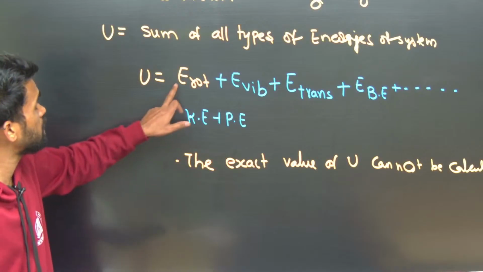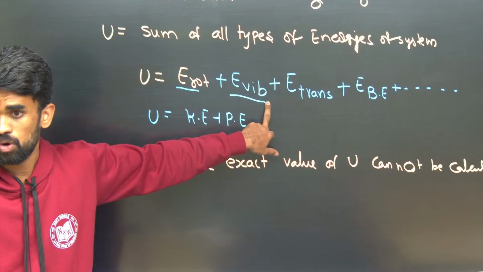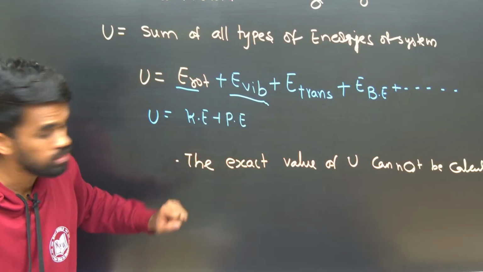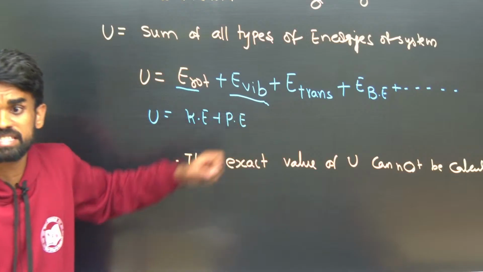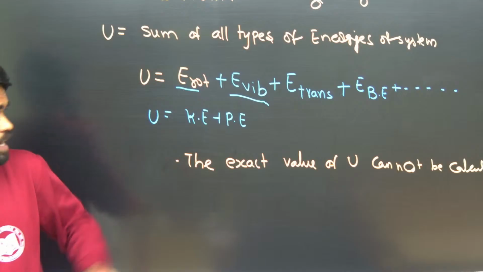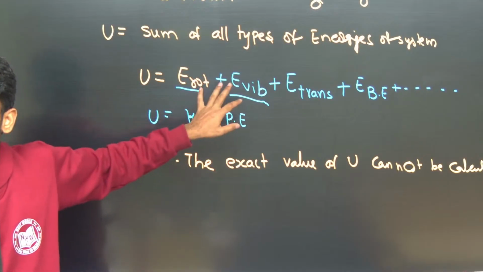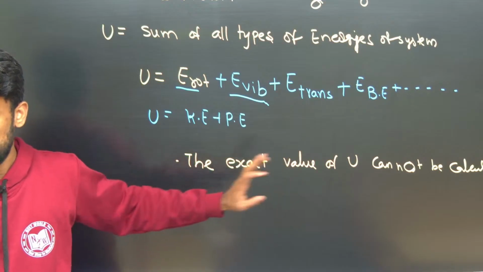Why? Because it is associated with very microscopic energies also. These energies change even if we change the temperature a little, so they keep on changing their values. Therefore, the exact value of internal energy cannot be calculated.